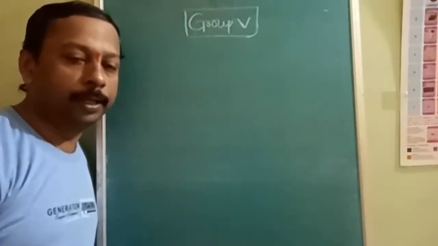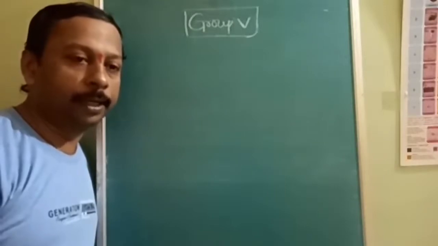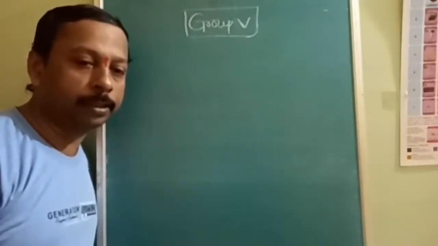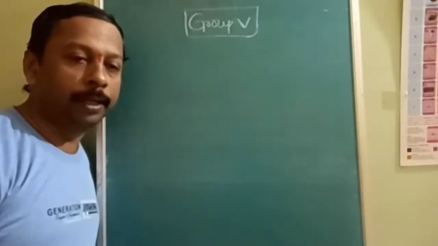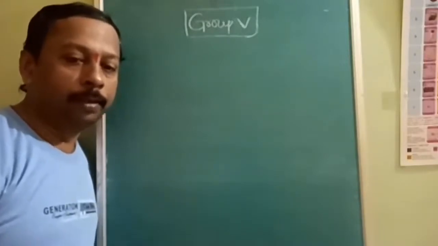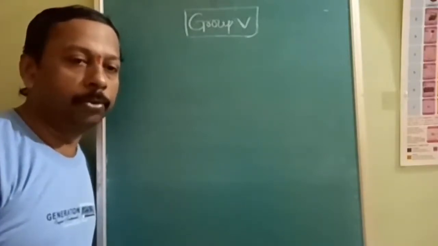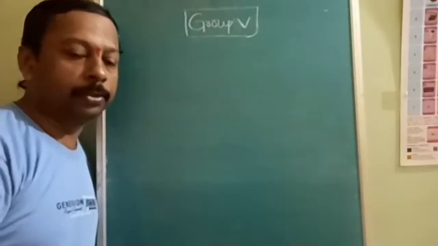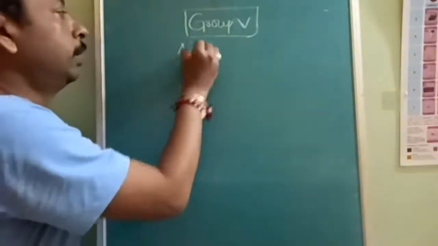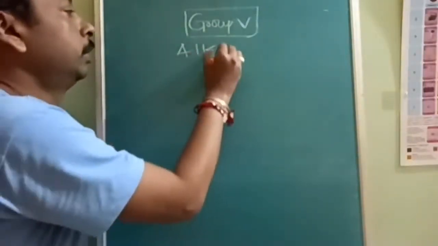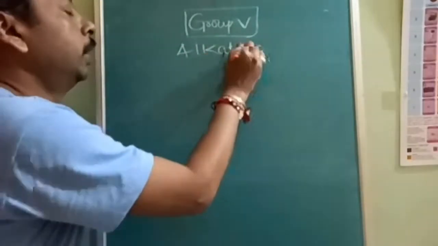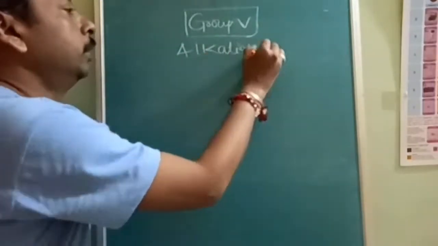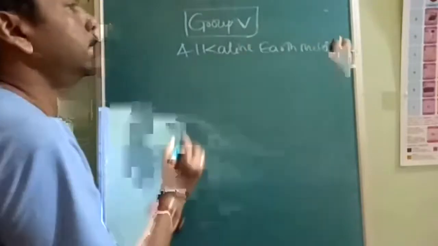This was already told in the first or second lecture of the qualitative analysis, when I made an introduction to this chapter. Group 5 consists of alkaline earth metals. Alkaline earth metals are the main source of group 5.